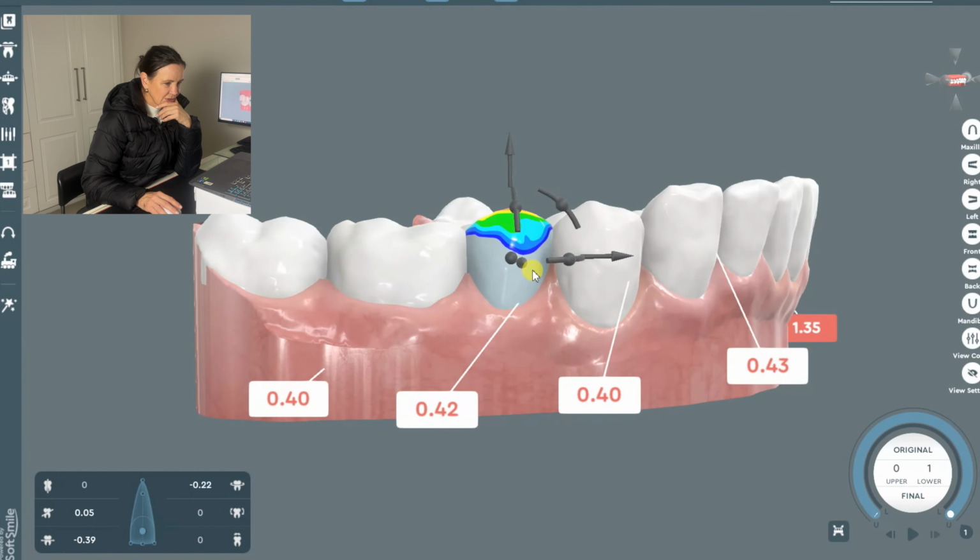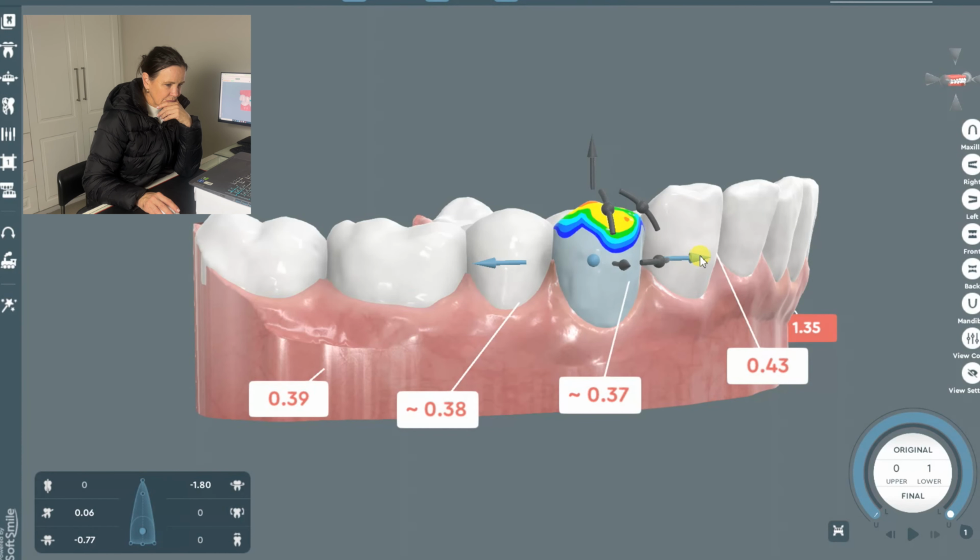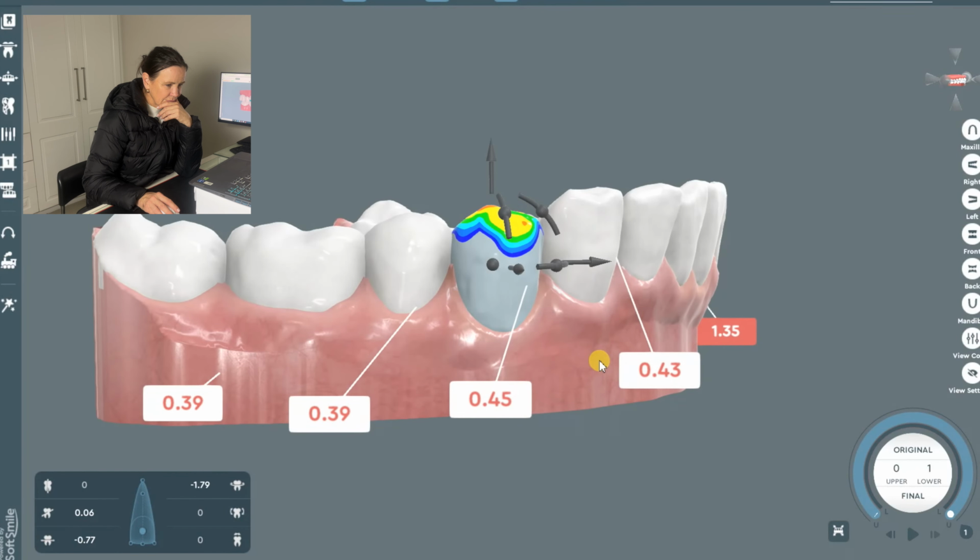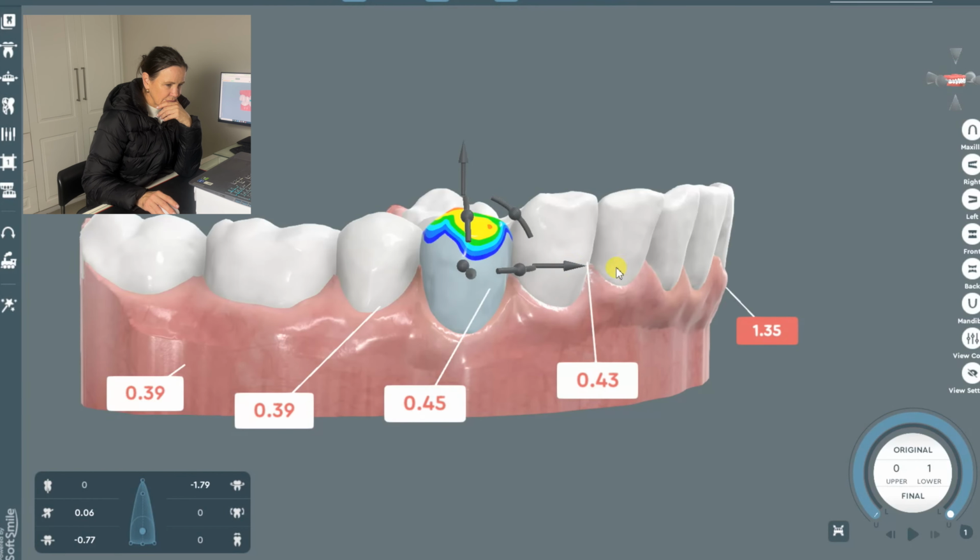Okay, so that is that one there, 0.4. 0.48, this is way too much.